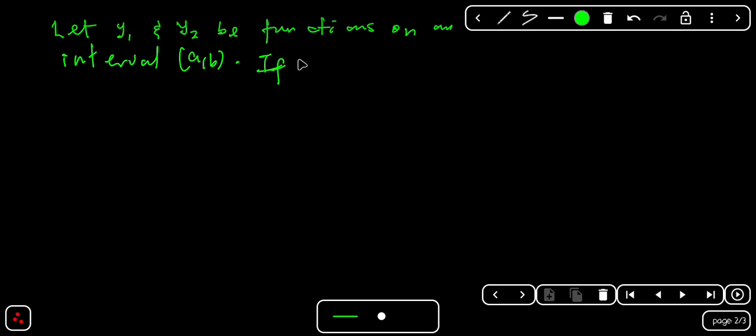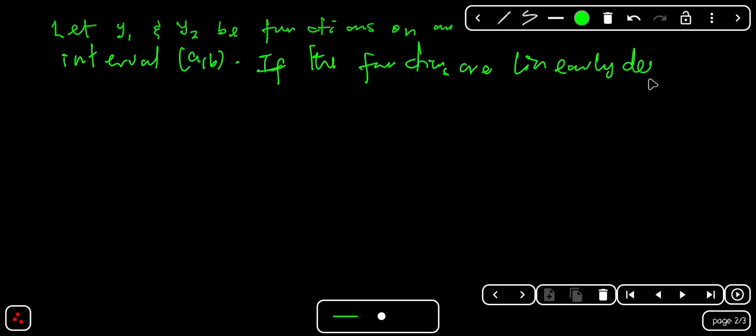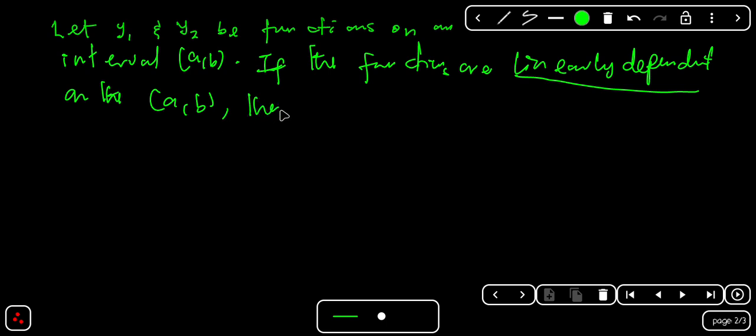If the functions are linearly dependent, let me underline that, it's very important, on the given open interval (a, b), then the Wronskian of the given two functions y1, y2 will be equal to 0.